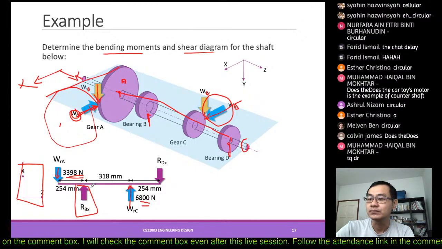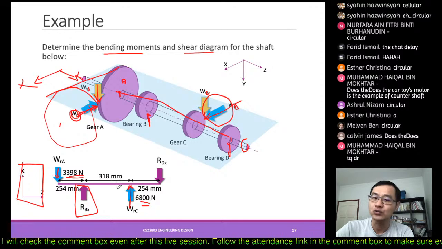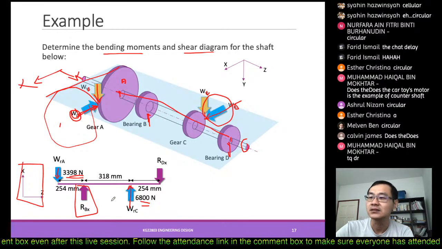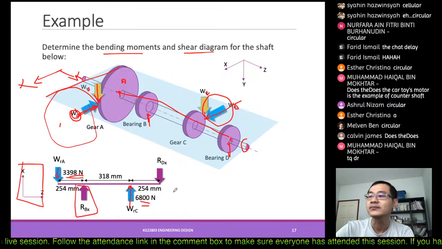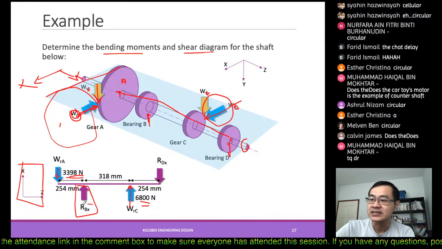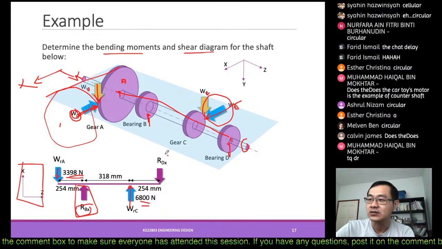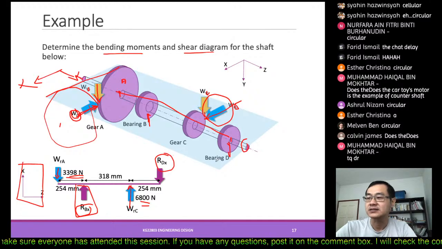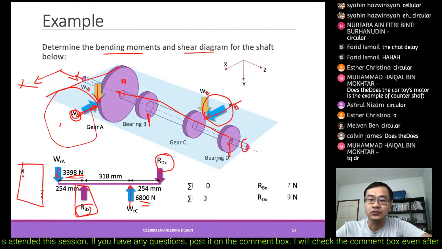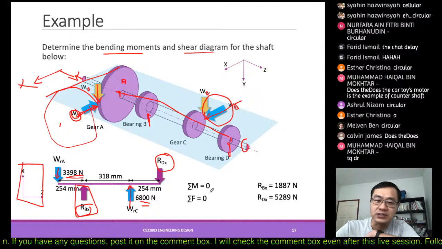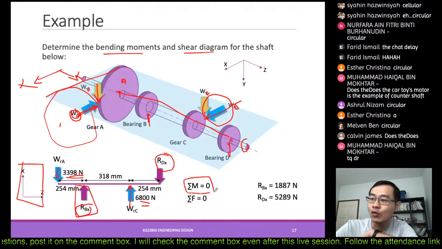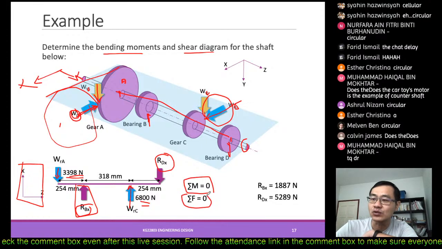So we can just draw two arrows as you like, whether up or down, and find these unknowns, RBX and RDX. How can we do that? We just use the simple principle: summation of moment equals 0 and summation of force equals 0.